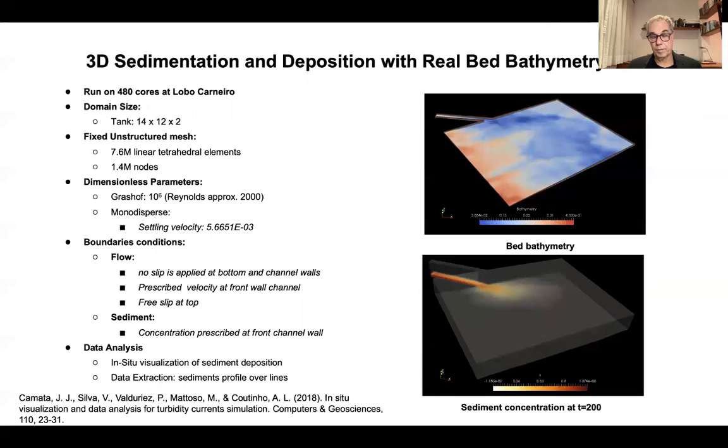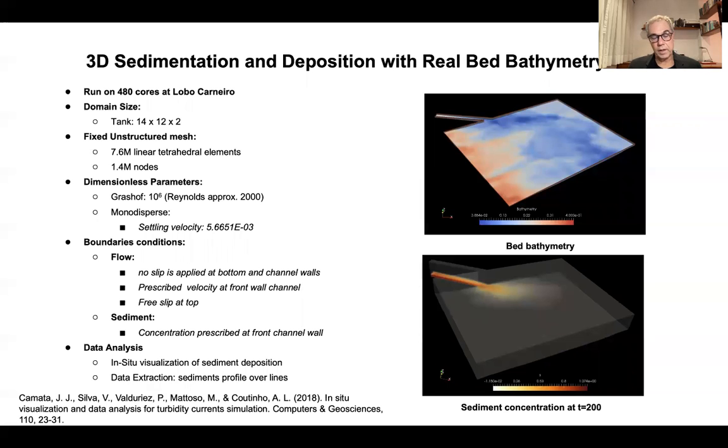This is a real bathymetry in the northeast of Brazil, and you can see the sediment concentration in the picture below, generated by in situ visualization. Here, you are basically simulating a tank, which is a non-dimensional 14 by 12 by 2, which is typical of experiments with real bathymetry.